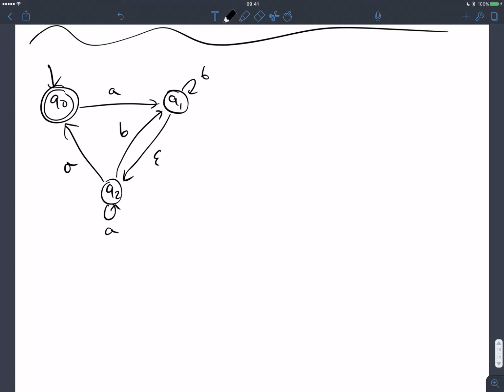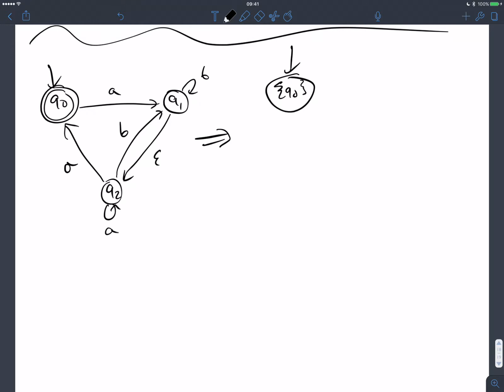Well, the start state, but what of the start state do I need to look at? The epsilon closure. What is the epsilon closure of just Q0? Just itself. Okay, that's good. So I make a state just Q0, which is the start state.